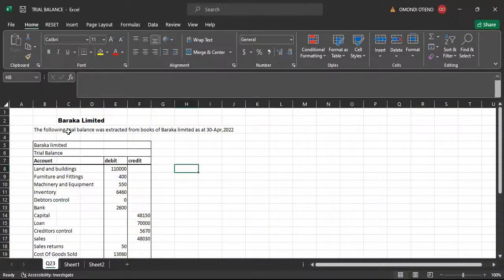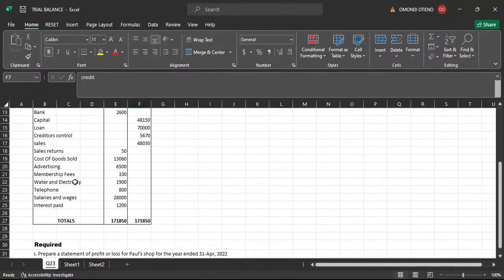So we have Baraka Limited. The following trial balance was extracted from the books of Baraka Limited as at 30th April 2022. So this is the trial balance of Baraka Limited, account, debit, credit. That's what they have mentioned there. So it is upon you to know whether whatever has been given to me is an asset.